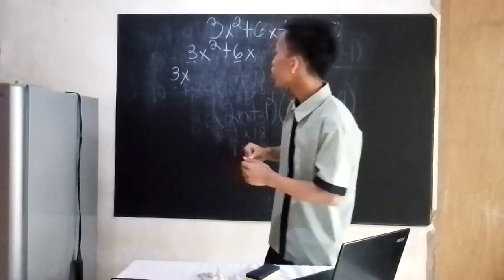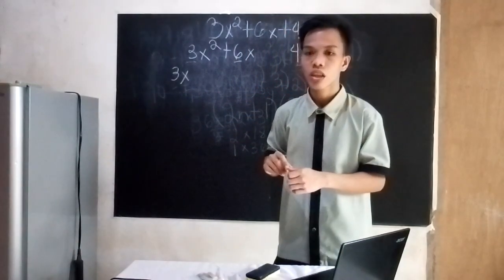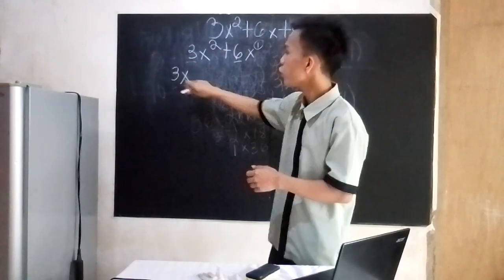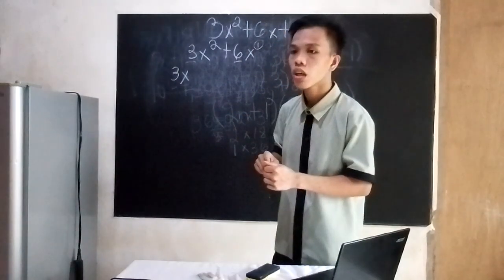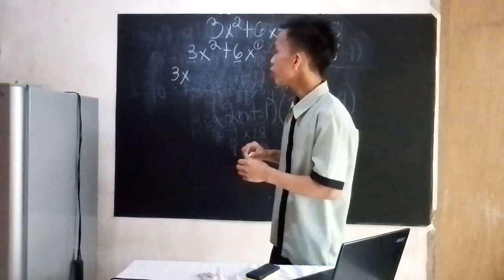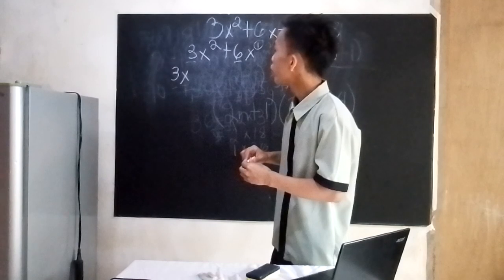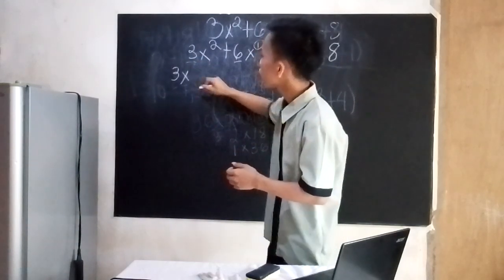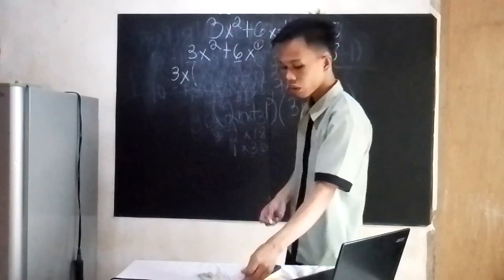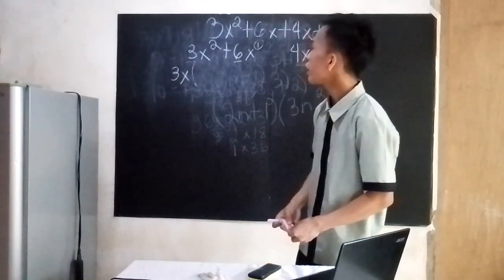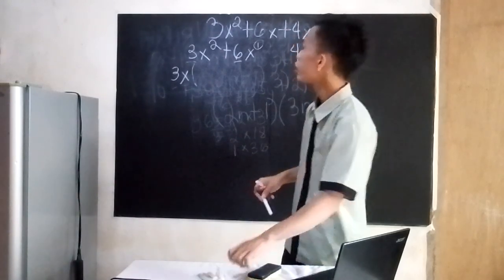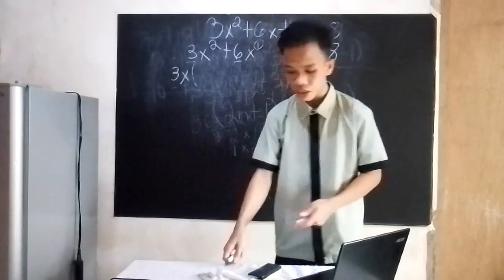What will be our exponent? What is our lowest exponent in here? That would be 1. Shall we put 1 in here? We cannot. Next step, we are going to find the multiplier. What is 3 divided by 3?